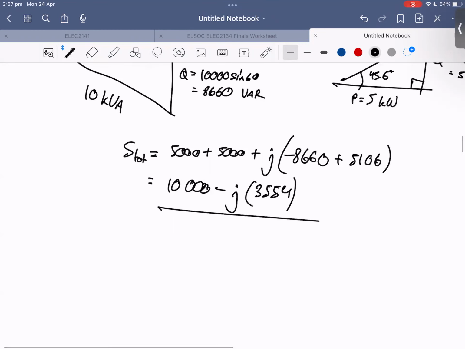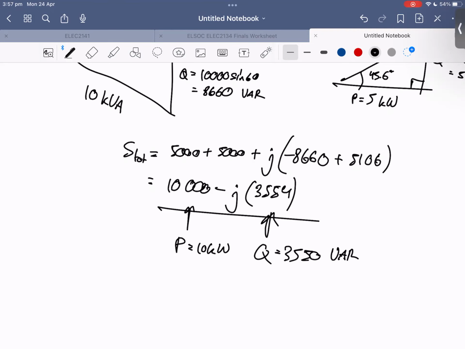Yeah, so that's the value for the complex power. Okay. Yeah, so from here I can just get the average power, which is 10,000, and the reactive power, which is about 3,550. That's volt amps reactive, and that's watts.